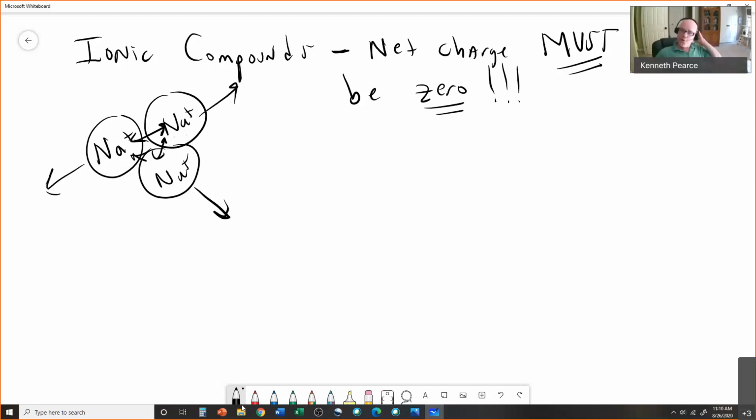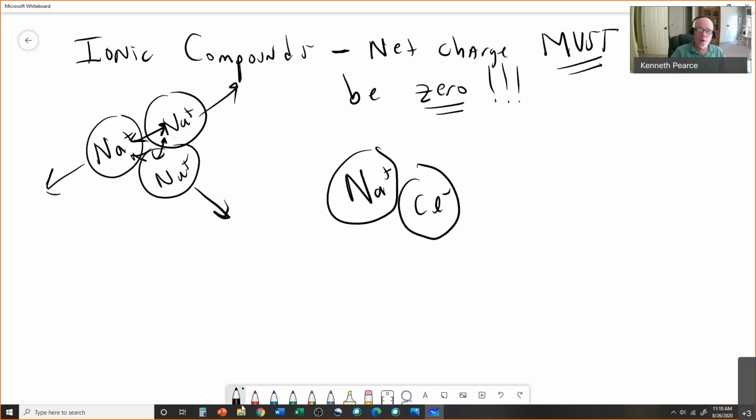As a matter of fact, you can do this with solid materials, where you hit it with a sufficiently powerful laser, knock off the electrons, and have what's called a Coulombic explosion. So what you need is a net charge of 0.